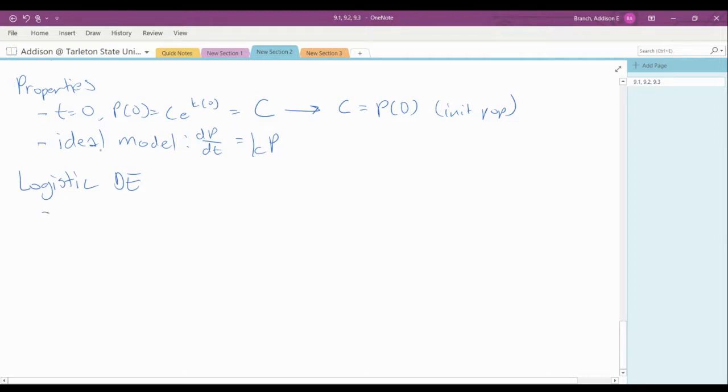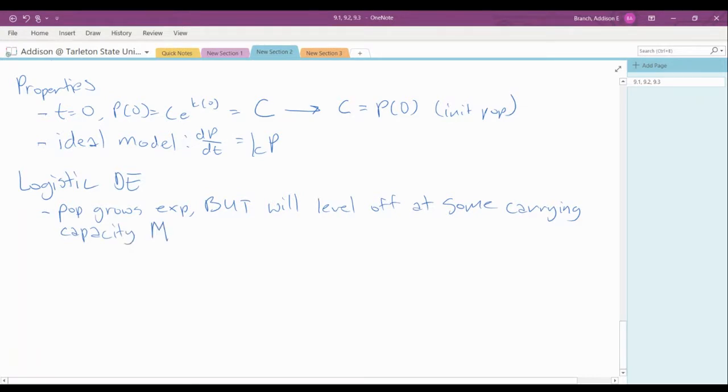Now, this goes off of our initial idea that population grows exponentially, but it will level off at some carrying capacity that we'll call M. So if we think about this practically, as resources become more scarce, it would make sense that the growth rate would start to slow down as we start hitting that peak amount that we could actually hypothetically keep track of.